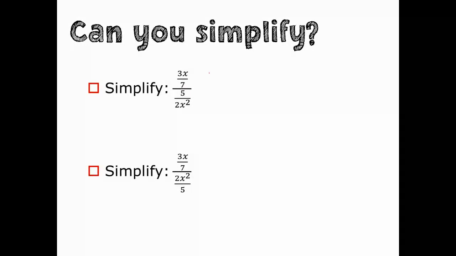So what I'm going to do is just divide two fractions. It's expressed a little bit differently than maybe I saw, but you know how to divide two fractions. So I'm going to rewrite these as 3x over 7, and instead of dividing, I'm going to multiply by the reciprocal, 2x squared over 5.